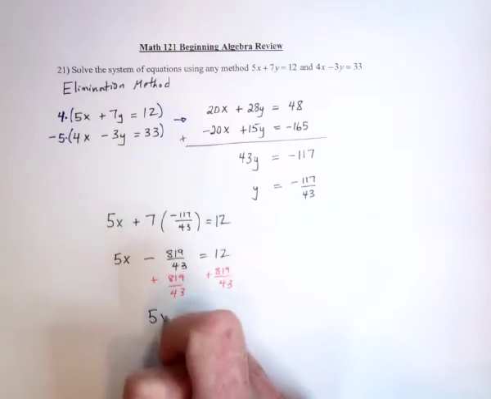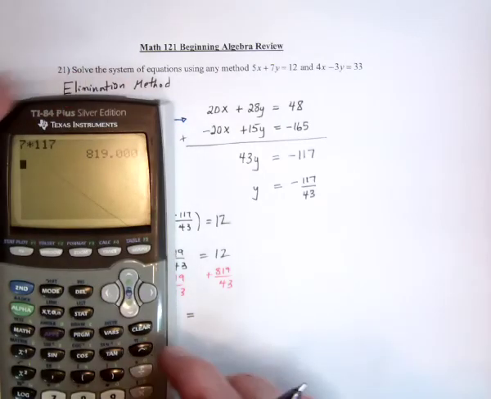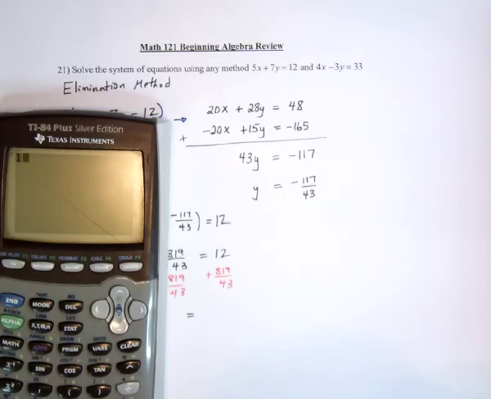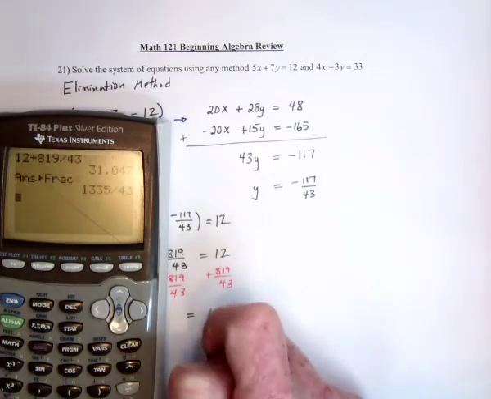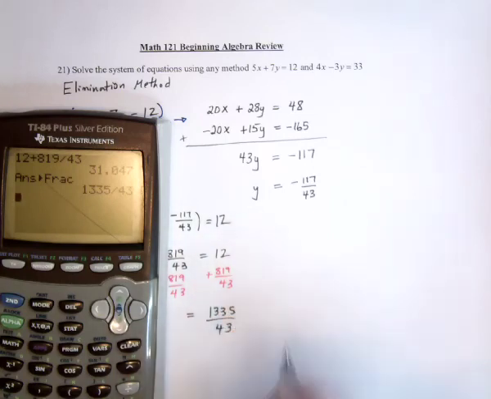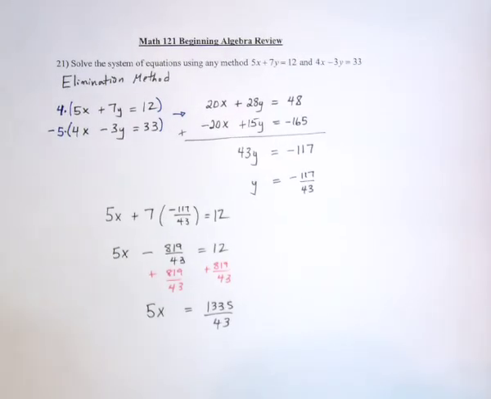And it would say 5x equals 12 plus 819/43. Sorry about that glare. And as a fraction, that is 1335/43. And now in order to solve for x, we just need to divide by 5.